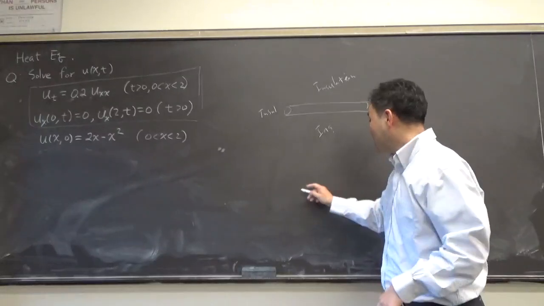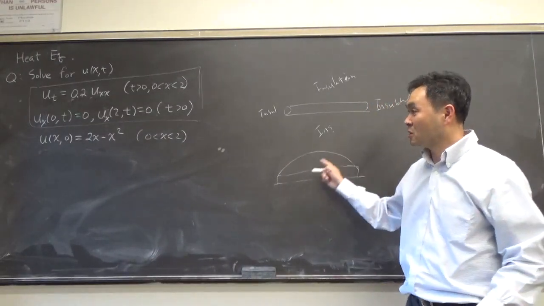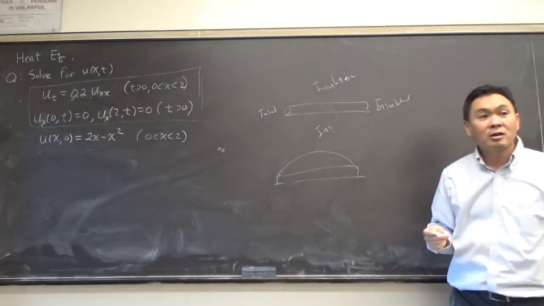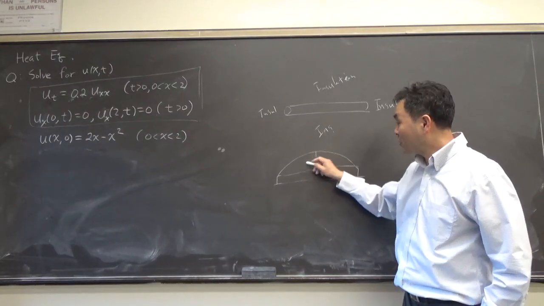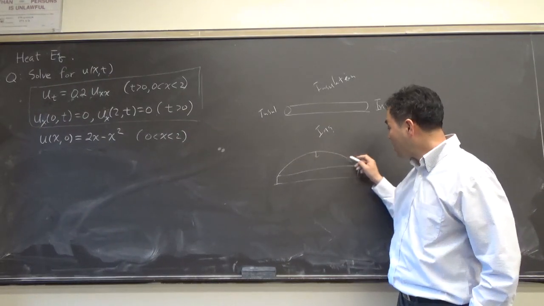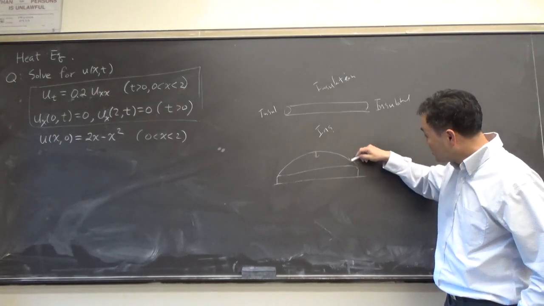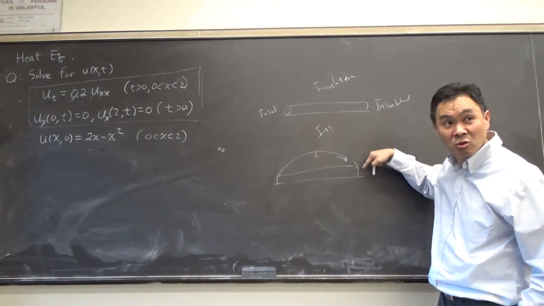So let's just think about what's going to happen with this initial condition. By the way, if you draw the graph of 2x minus x squared, it will be like that. The heat will dissipate, so this will go down, right? And it's going to go down, but then something is happening at this end. See, the heat here will flow over here, to the boundary, because it's lower.